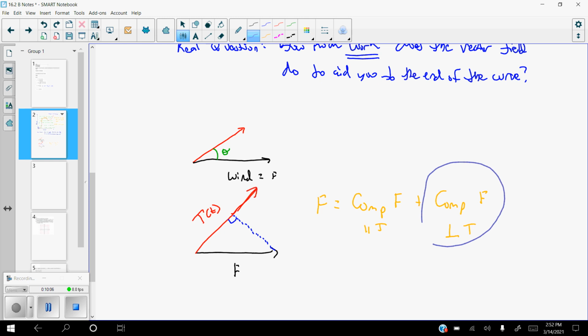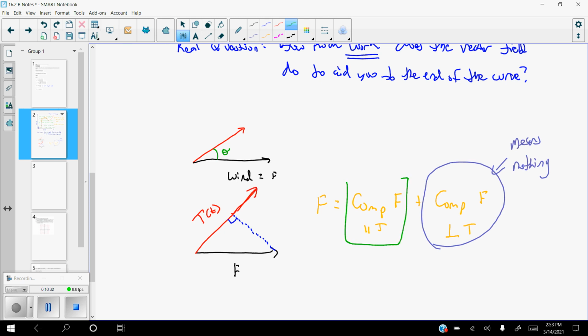It has no meaning, because if it's perpendicular, it's not helping you, but it's not hurting you either. So this piece right here means nothing. It does not help, does not hurt. It would zero itself out.